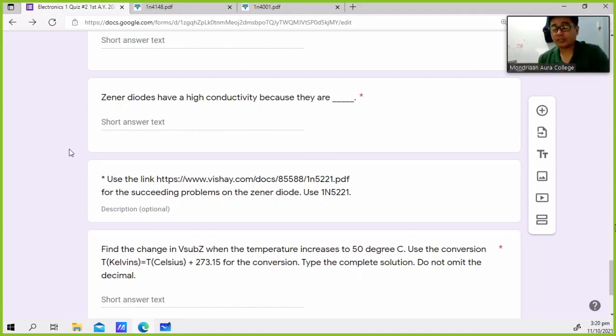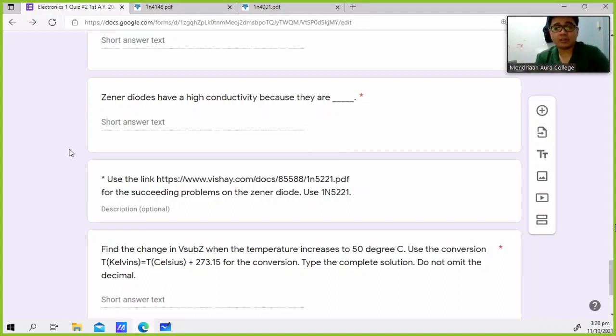Yung mga extender na to, pwede siya manggaling doon sa elements na merong 3 valence electrons or merong 5 valence electrons, yung tinatawag nating trivalent or pentavalent. Bakit? Para mas lalo siya maging conductive. Remember, semiconductors can act as insulators, and kapag proper ang biasing natin, it can act as conductors. So for it to be more conductive, it is subjected to the doping process. Zener diodes are heavily doped.